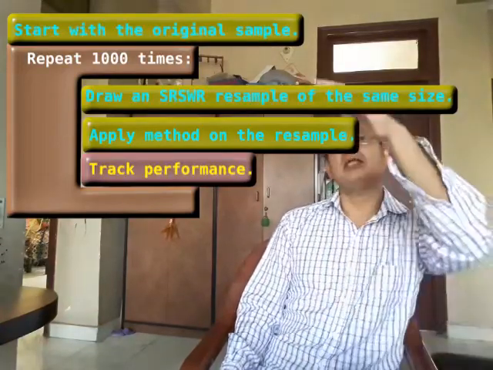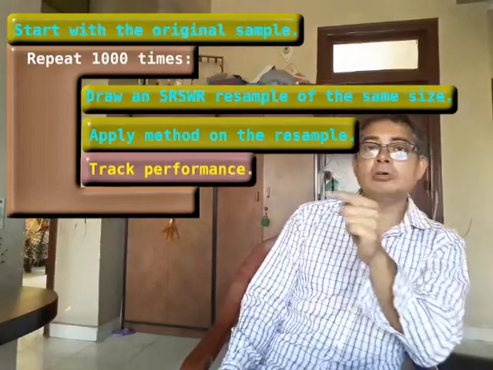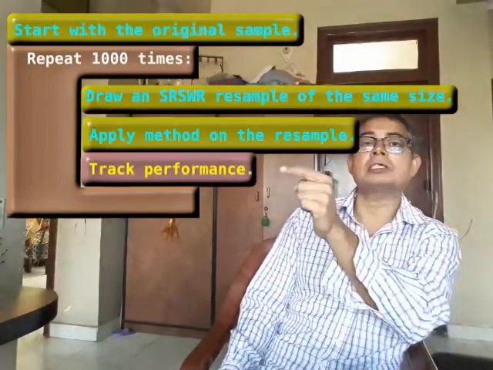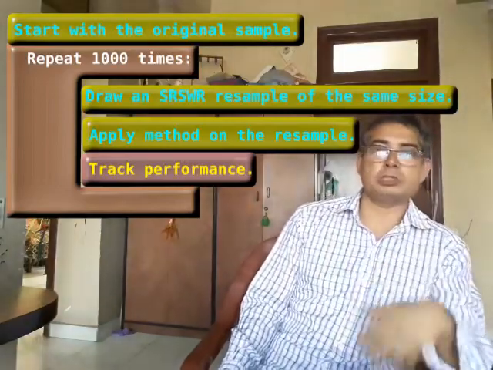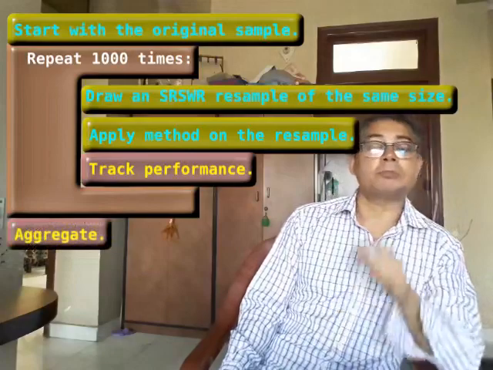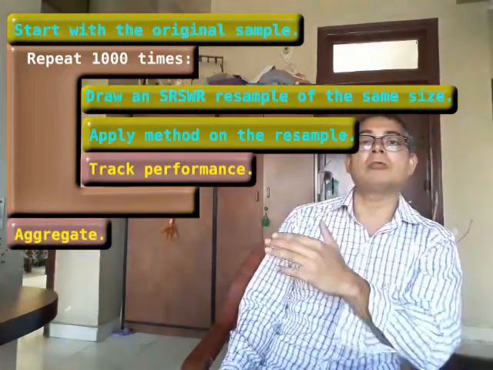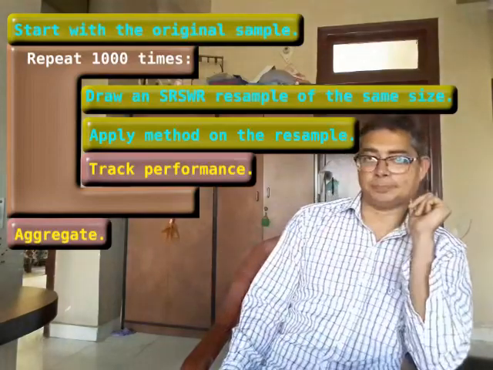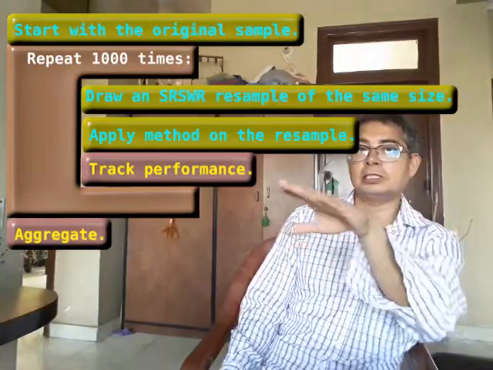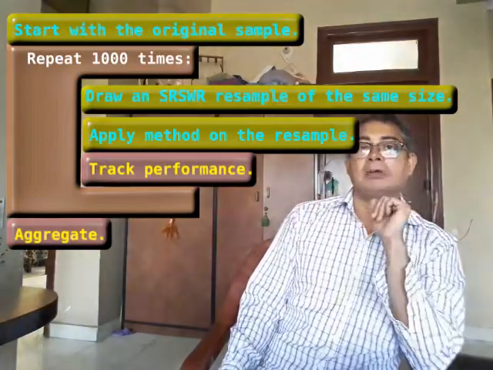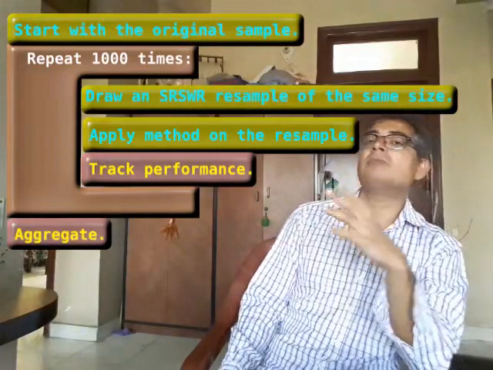Now that you have run this loop, say 1000 times, in each pass you get one performance score. So you generate a data set, see how it performs. You generate another data set, see how it performs. Keep track of all those things, and finally, coming out of the loop, you aggregate them. I deliberately keep these two steps vague, because they may be adapted for different situations.